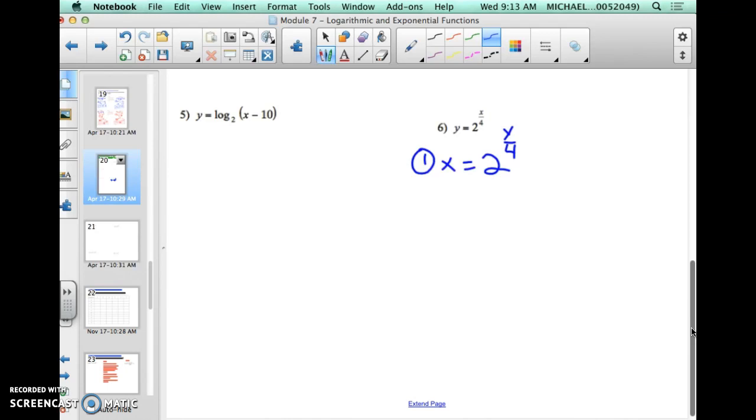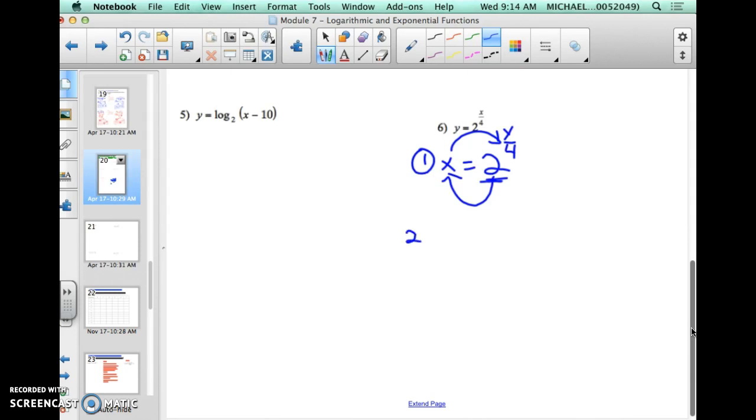And to do that, the first thing I have to do is isolate the base with its power. In this case it is isolated. 2 to the y over 4 doesn't have anything else on the right hand side. So I can go ahead and switch it to logarithmic. So I'm going to have the base of 2 of x equals y divided by 4.